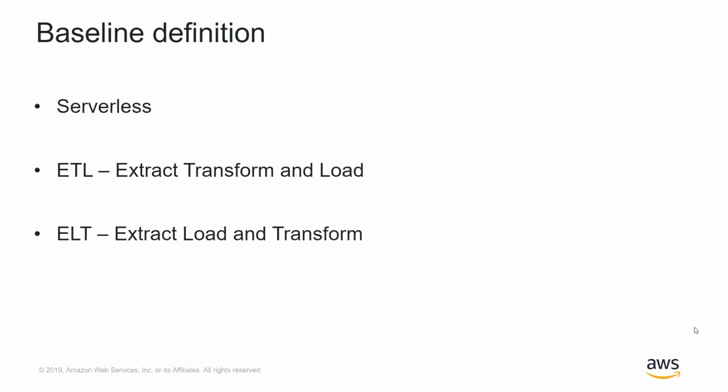This is also data movement, but it is extract, load, transform, which means that you extract the data from your source, you load this somewhere, like in a database or a data warehouse. You have your scripts, which are SQL scripts. You run those scripts, and those scripts will transform your data, and then you load it somewhere else. So that's extract, load, transform. So this is our baseline definition.